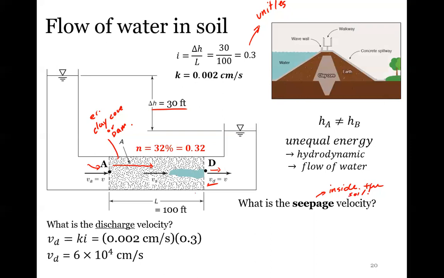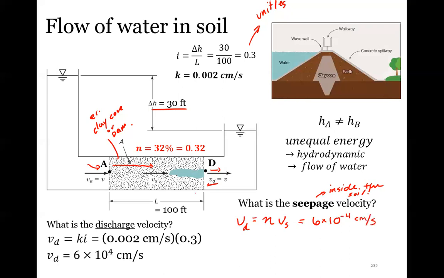So for our seepage velocity, we know our discharge velocity is equal to the porosity times the seepage velocity. And we already found our discharge velocity, 6 times 10 to the negative 4 centimeters per second.